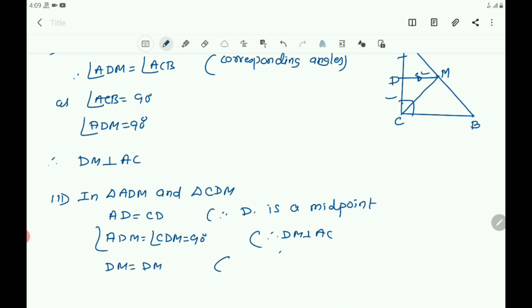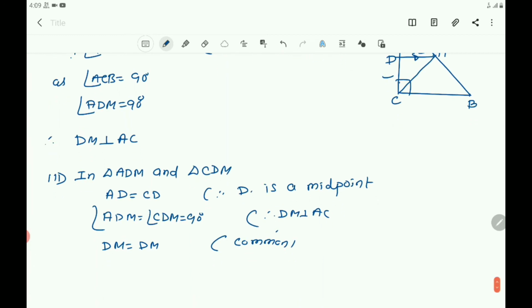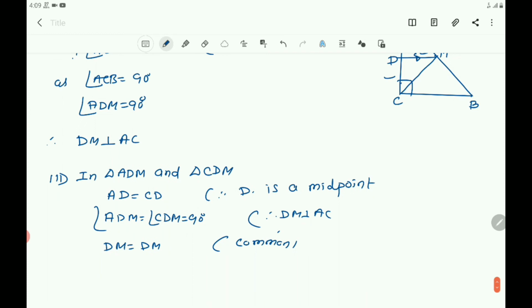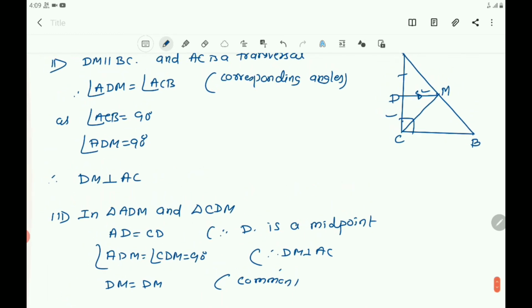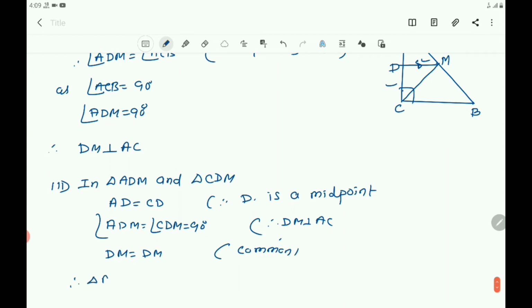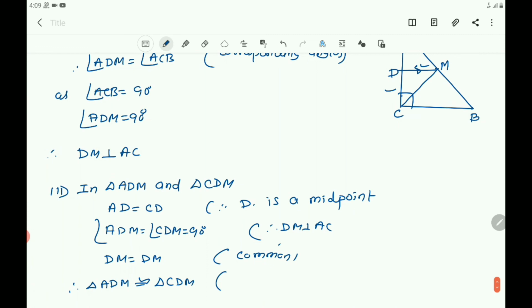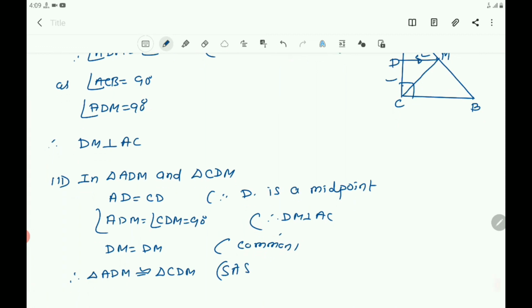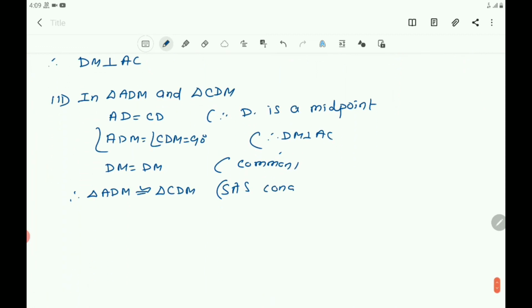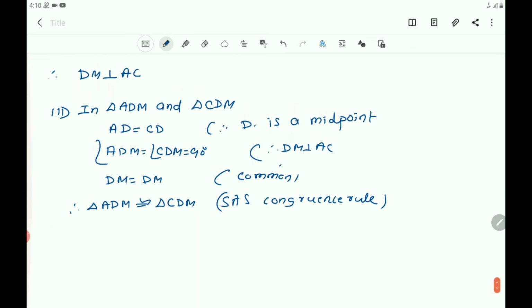Therefore triangle ADM is congruent to triangle CDM according to the SAS congruence rule.